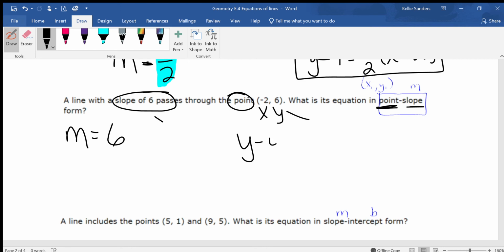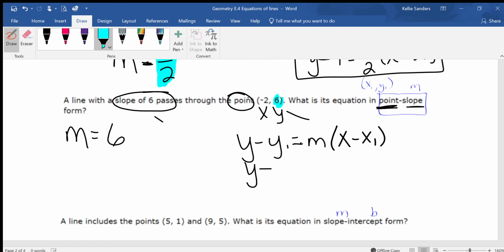So y minus y1 equals m times x minus x1. Y, always minus. What's our y1? This 6 equals, what's our m? This 6. X minus, now watch this.